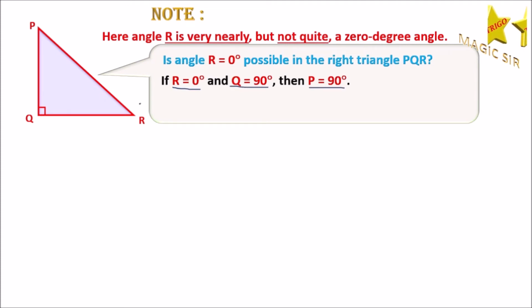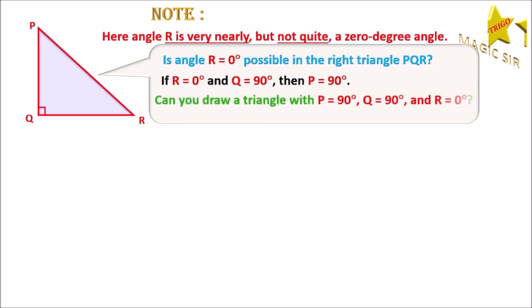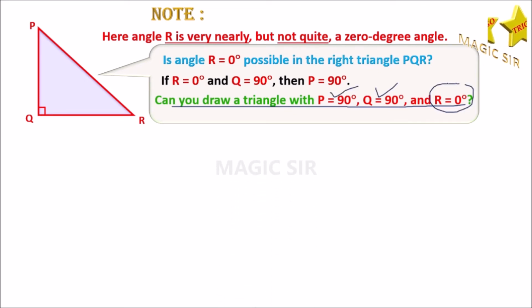If R equal to 0 degrees and Q equal to 90 degrees are given, then P plus Q plus R is equal to 180 degrees. With angle R equal to 0 degrees and angle Q equal to 90 degrees, obviously angle P is equal to 90 degrees. Can you draw a triangle with P equal to 90 degrees, Q equal to 90 degrees and R equal to 0 degrees? No, we can't.